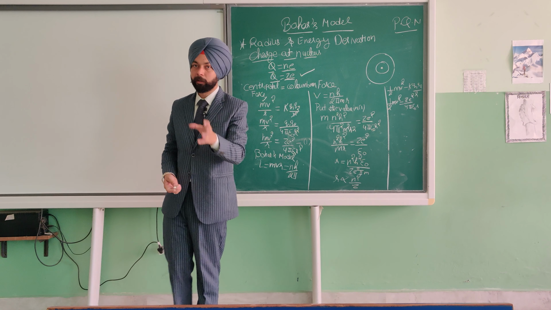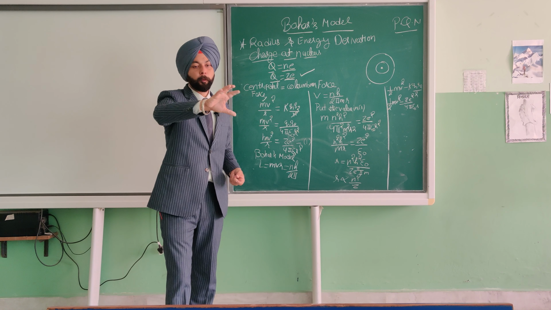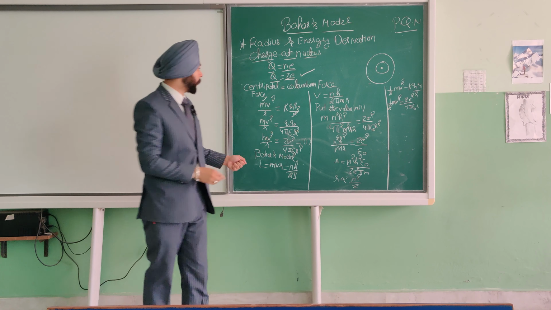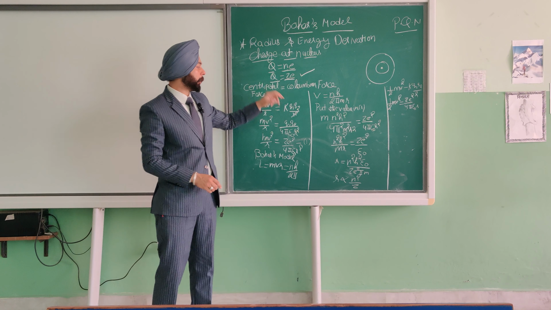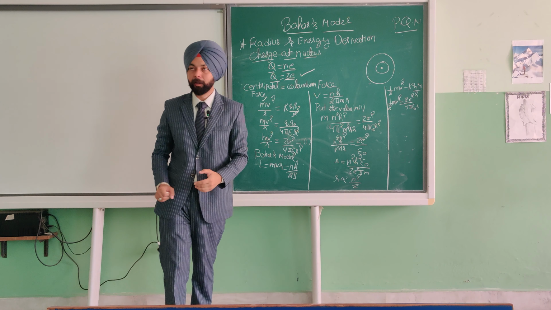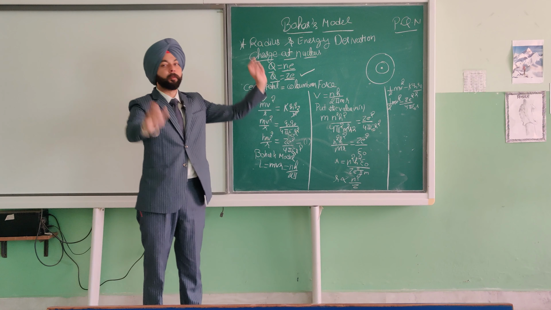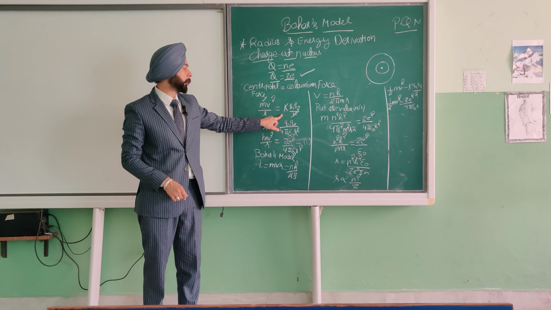Centripetal force is basically the force towards the center, it is mv square upon r, and Coulombic force: the force is directly proportional to the product of the two charges and inversely proportional to the square of the distance between them, where K is Coulomb's constant.